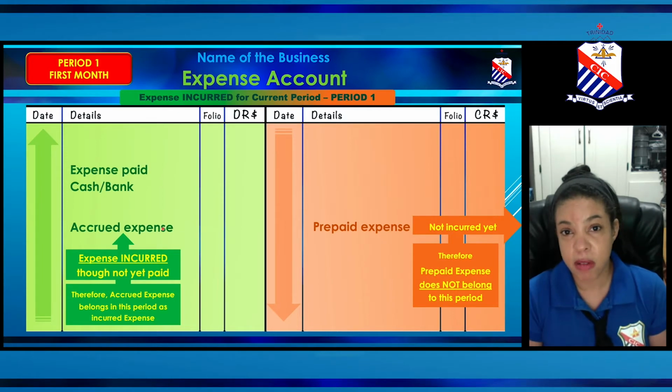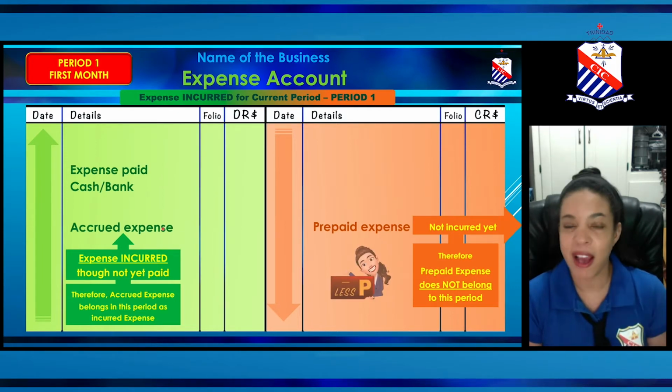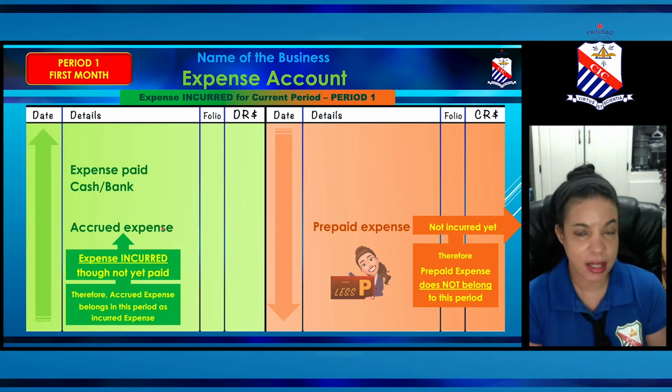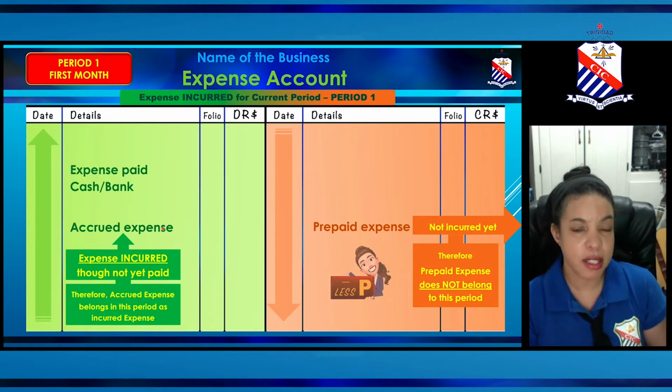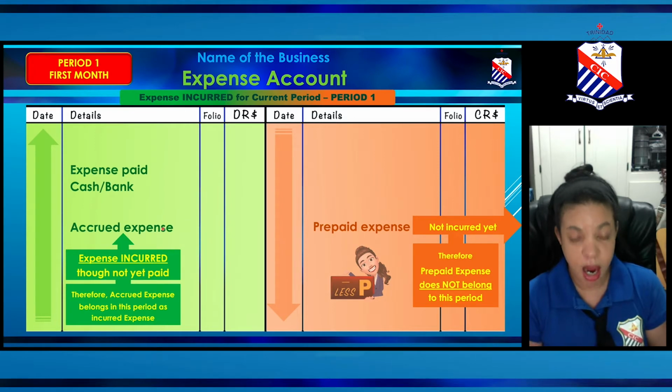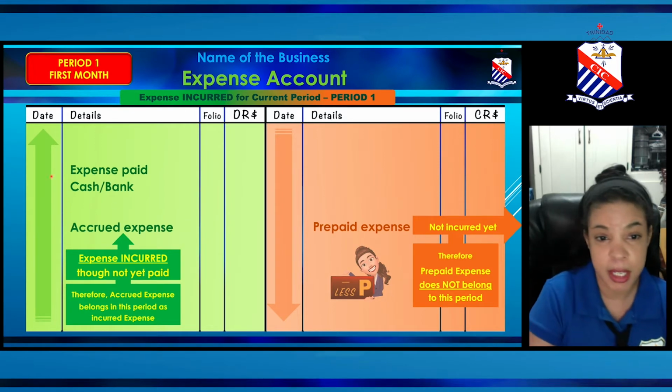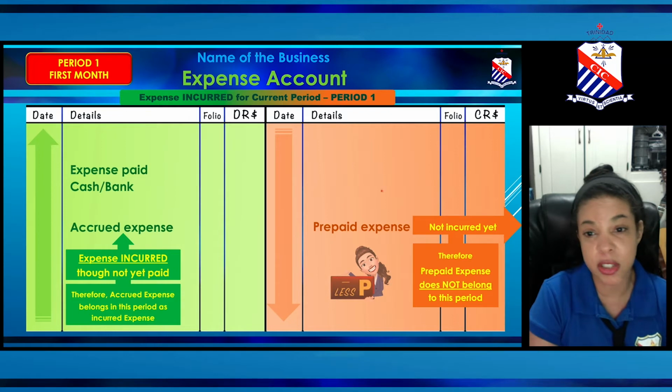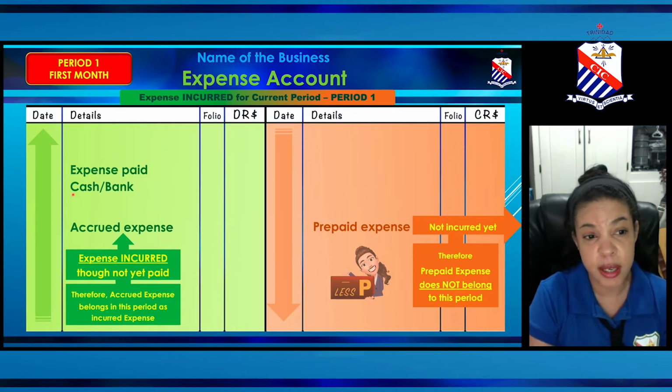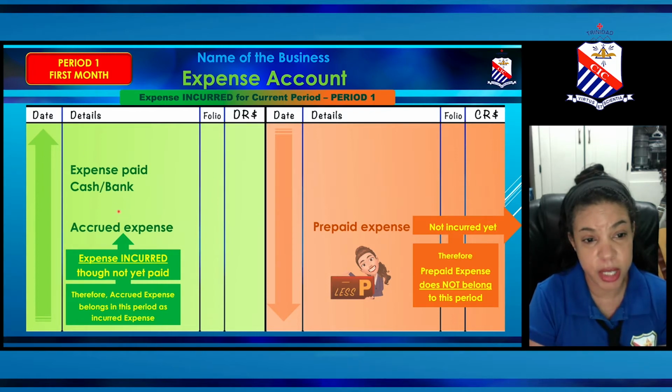So because it doesn't belong, you're subtracting it. And that is why we have been lessing prepayments. See that? When we were working out the expense incurred, we would less the prepayments from the expense paid. How do you do that in a ledger account or a T account? You put it on a different side. So what you would see here, this is your expense paid, and you add your accruals just like we had always been doing, and you less your prepayments.